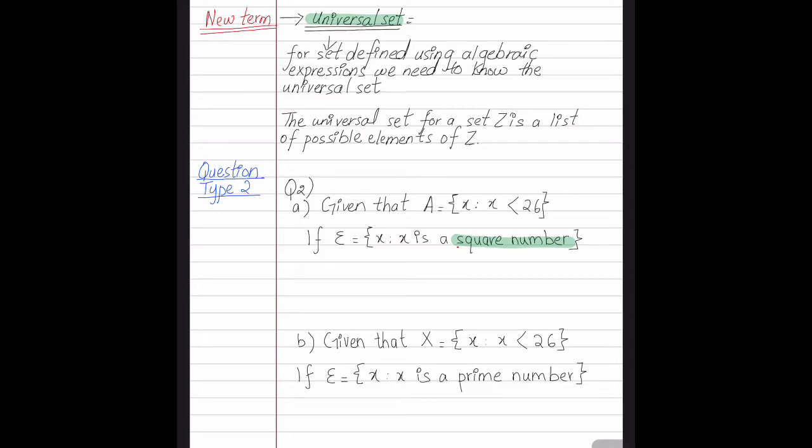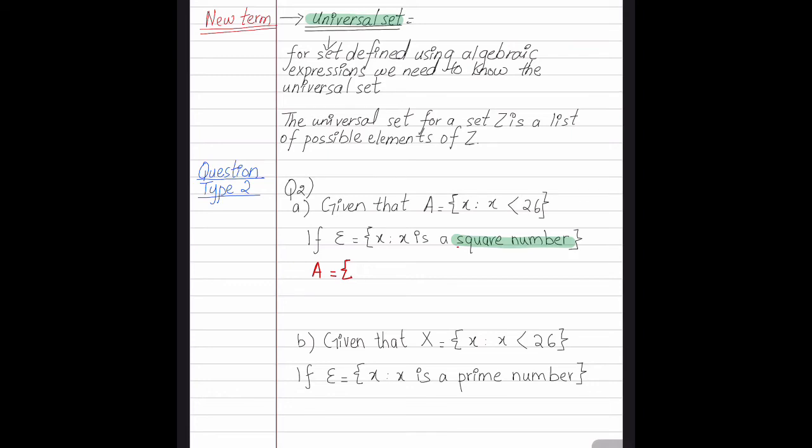So if you want to write down A, it has to be a square number, and then it has to be less than 26. So you see, without the universal set, we can't really solve this question, since we wouldn't know how to actually define the elements. So yeah, let's do it.